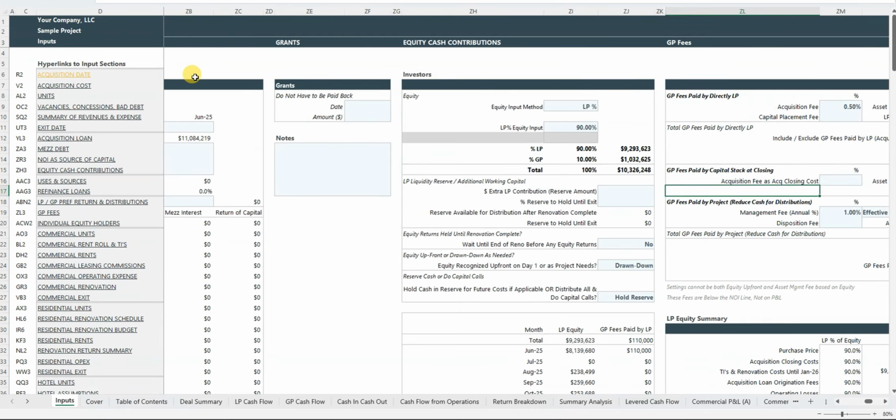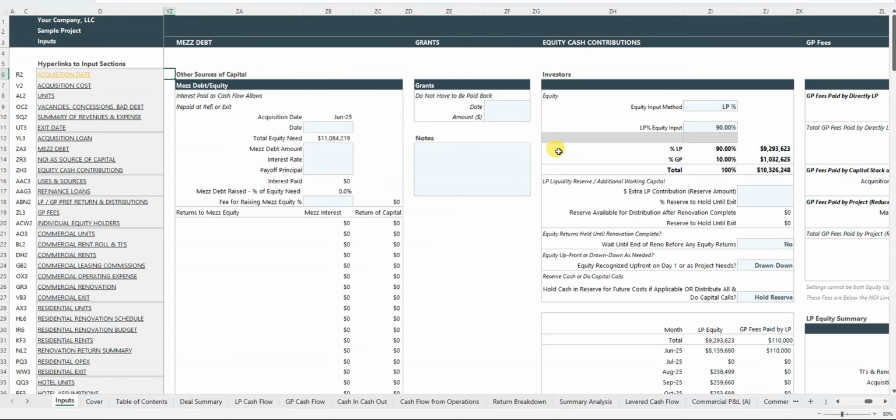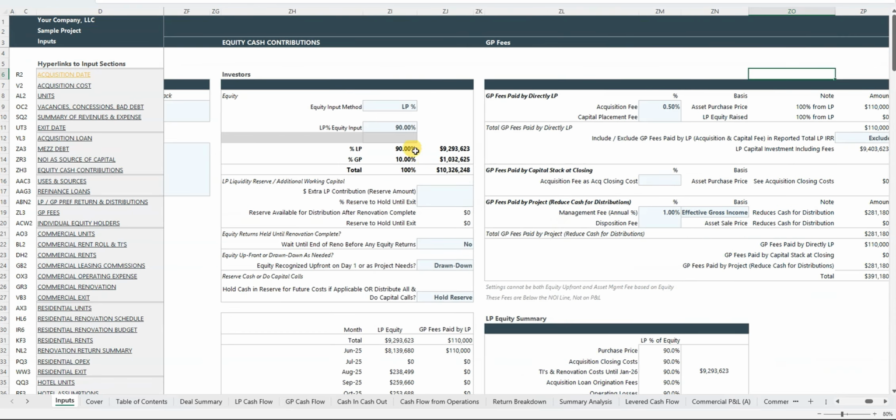There's functionality for mezz debt, for grants, and I can tell the model how my equity need in the model, because the model is going to calculate the amount of equity you need based on all other inputs. So it determines how much equity you need, but then you can tell the model how to break down how much of that comes from the LP versus how much comes from the GP. And I can say, well, the GP is putting in 200 grand or whatever it is.